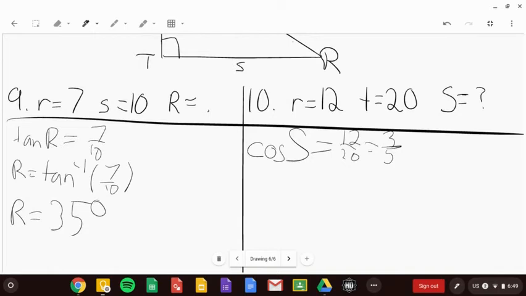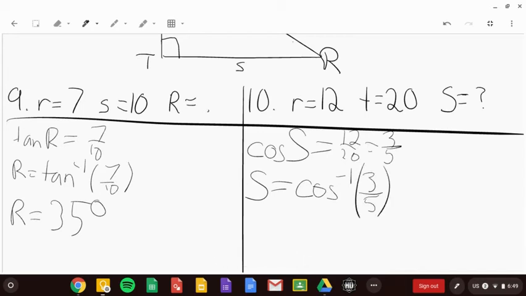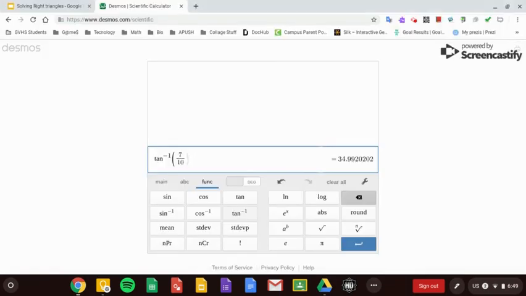We'll come back to that. So then s equals cosine inverse of 3/5. Just do that in the calculator.